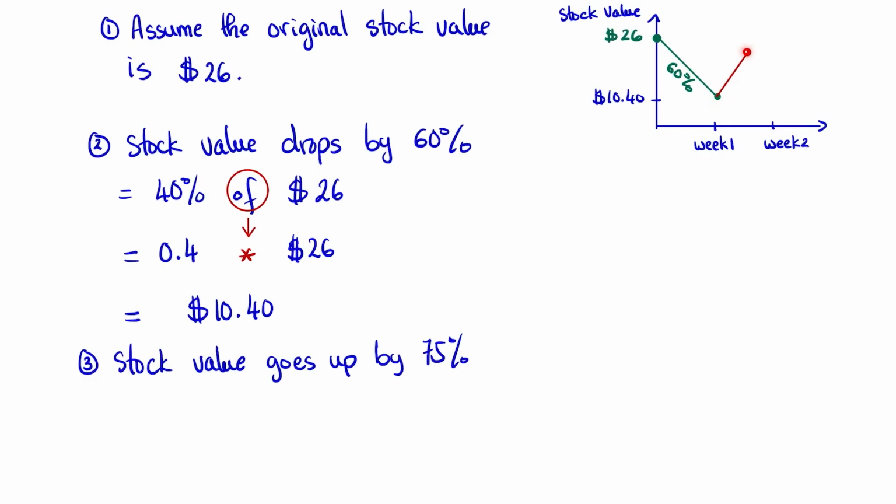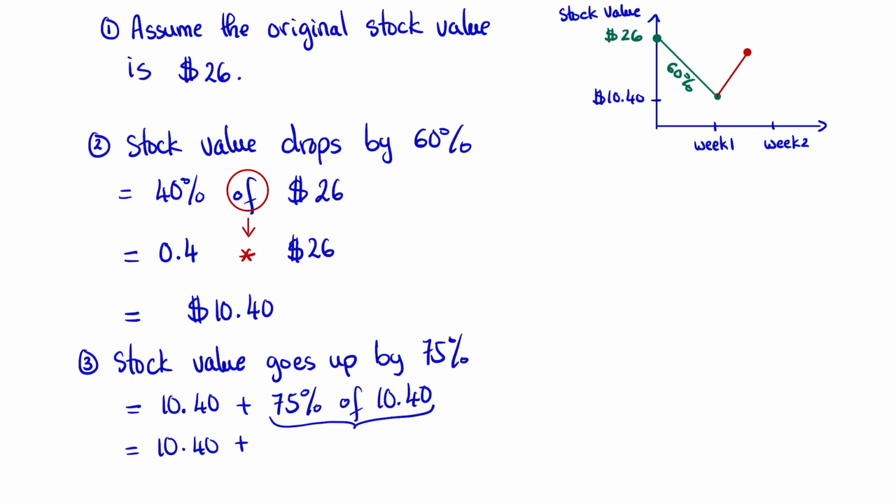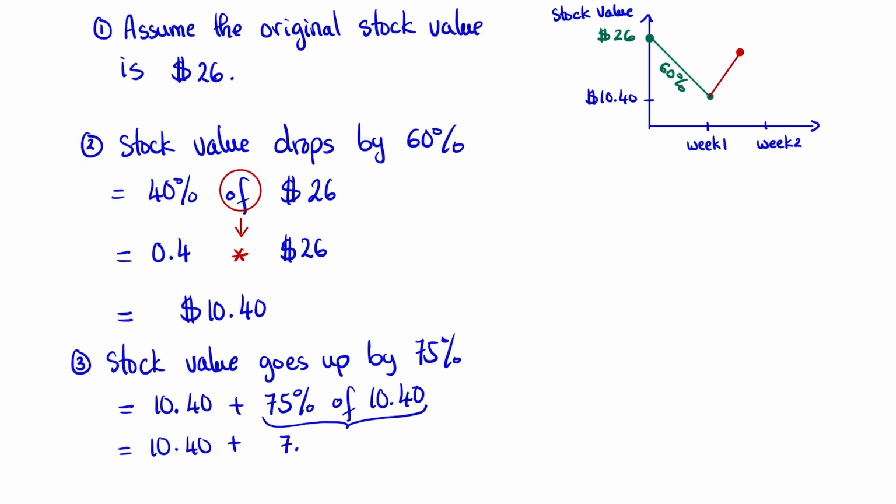So my new stock value here is 10.40 plus 75% of 10.40. To find the value of 75% of 10.40, I take 0.75 times 10.40, and I got $7.80.